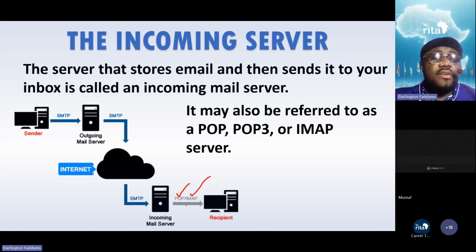Both of these two protocols are called the mail retrieval protocols. They are used to retrieve emails from the incoming server to the recipient. That is how they work. They retrieve mails from the incoming mail server to the recipient's email client.